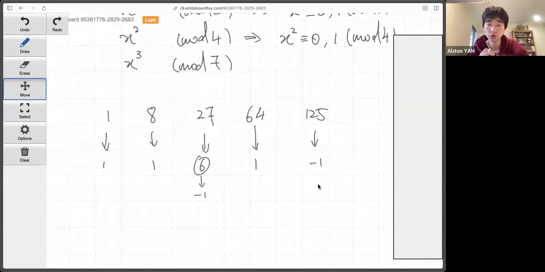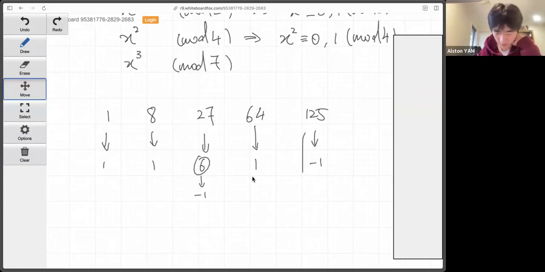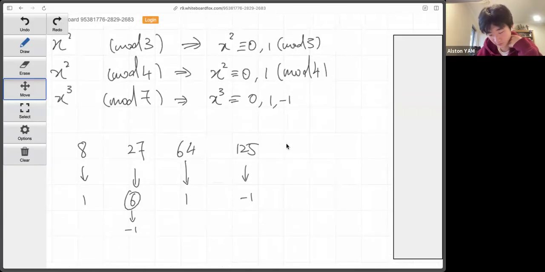I hope you can see that cubes can only be plus or minus 1 under mod 7. Obviously, if it's 7 cubed, then that's 0. So what I'm saying is that x cubed can only be congruent to 0, 1, or minus 1 under mod 7.